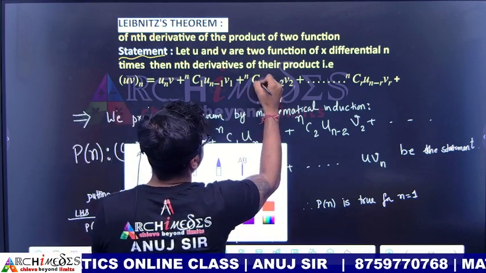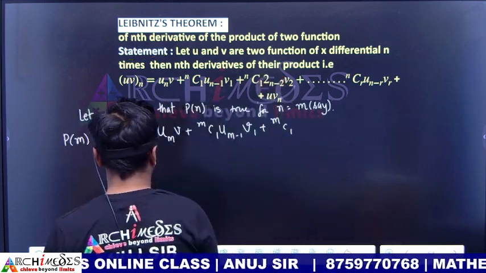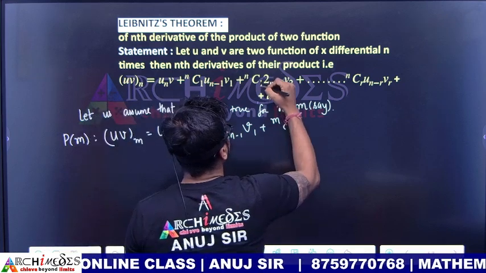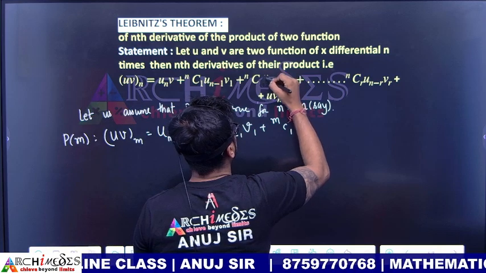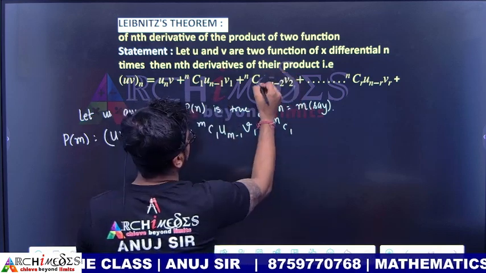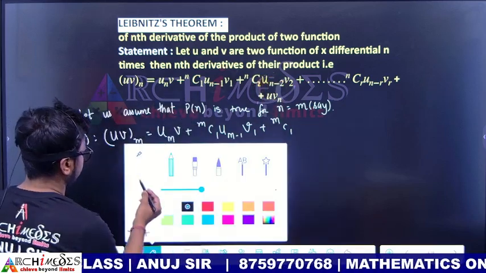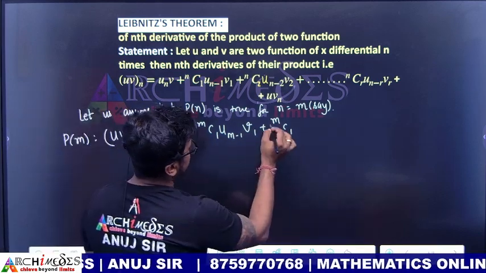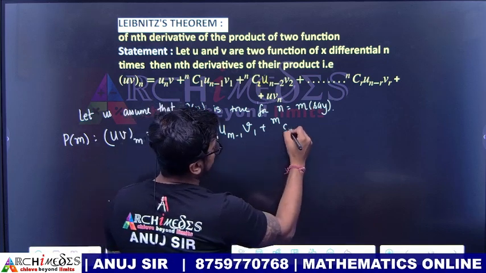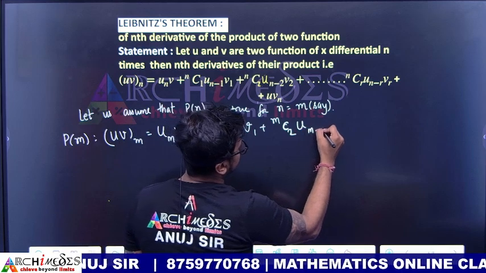So this is mC2 u(m-2). So then mC1, then mC2 u(m-2) v2.